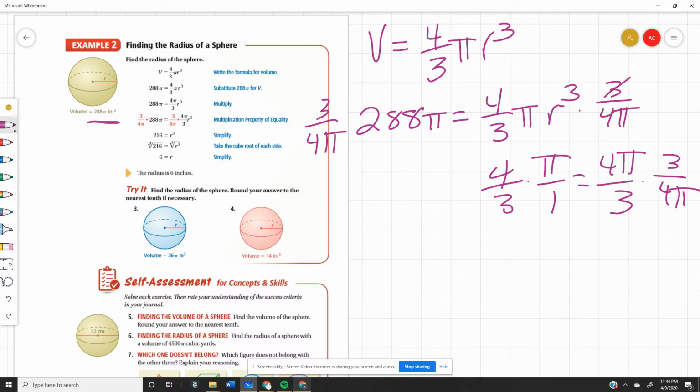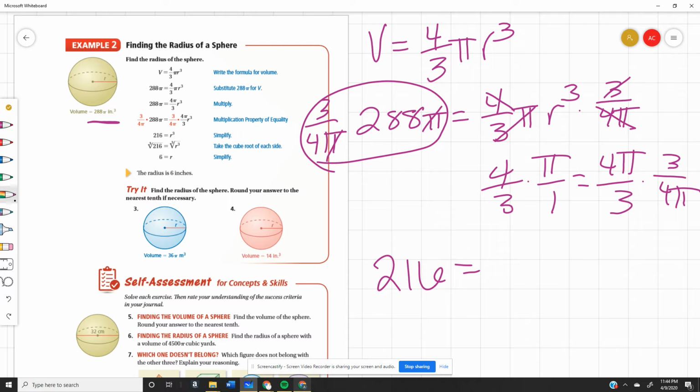And what that does is these all cancel each other out, okay? And then on this side, the pi's are going to cancel each other out. And then I'm going to have 3/4 times 288, which is 216 equals what's left over here, which is my r cubed.